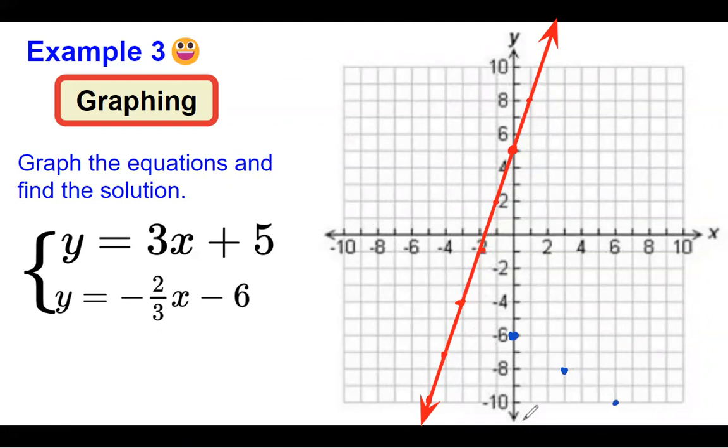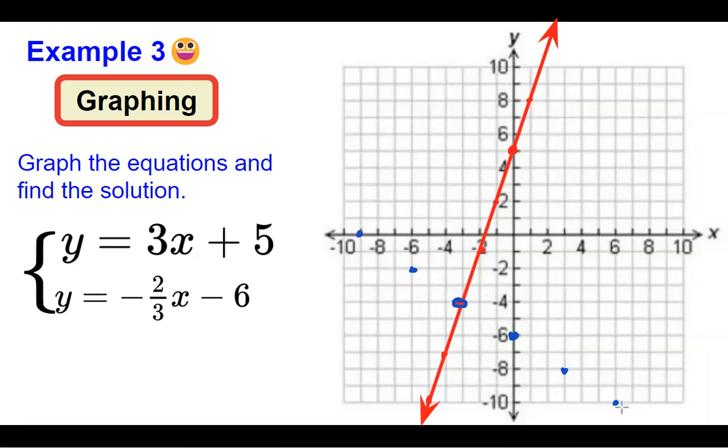No, not yet. So I have to continue going. So what do I do with the next portion of the graph? There you go. 2 up and 3 to the right. 2 up and 3 to the left. Sorry. 1, 2, 3, 4. 3. There you go. All right.